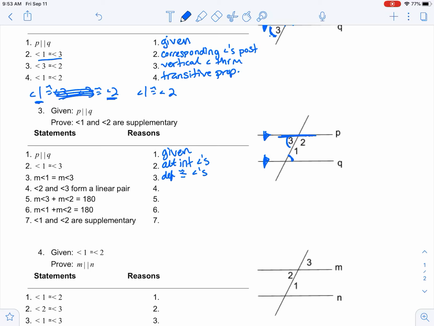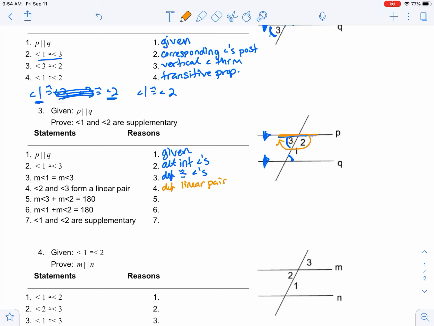Well, angle 2 and 3 are on that straight line together. They're next to each other on a straight line. So what do we know? When two angles are next to each other on a straight line, they form a linear pair. So we just used our definition of a linear pair.